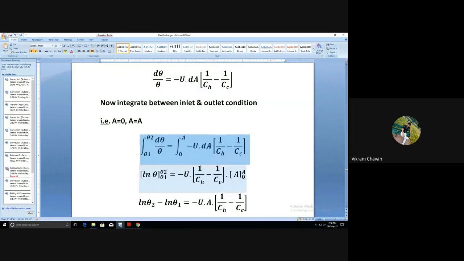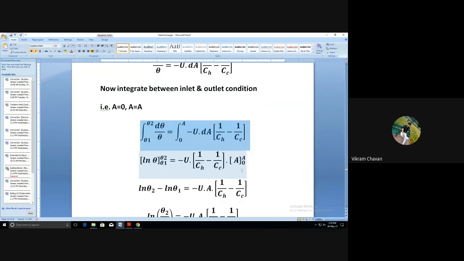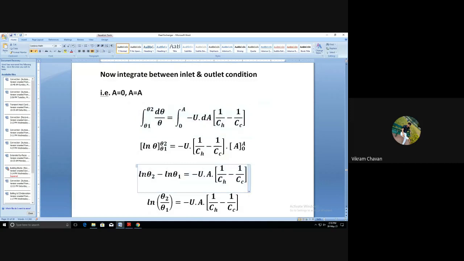Integration of dA is only A, with limits from 0 to A. Then put the upper limit minus the lower limit, so we get ln of theta 2 minus ln of theta 1, which is equal to minus U multiplied by A multiplied by inside bracket 1 upon Ch minus 1 upon Cc.